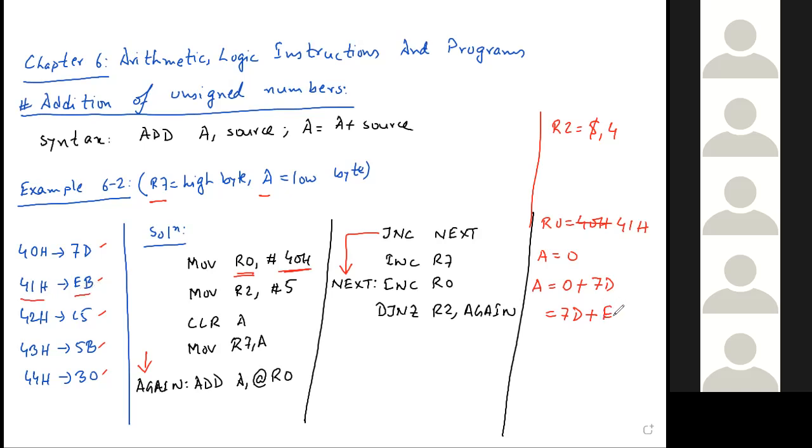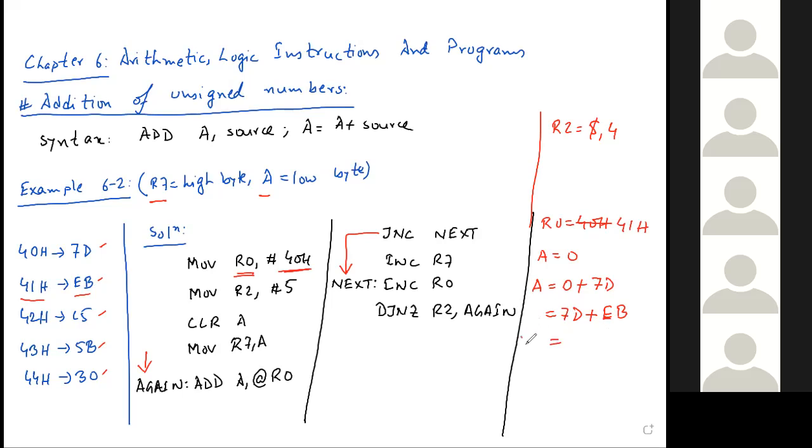So if I add 7D with EB, what is my result? Can anyone say? How much do you get if you add 7D with EB? Just use your calculator. Come on. So 168.